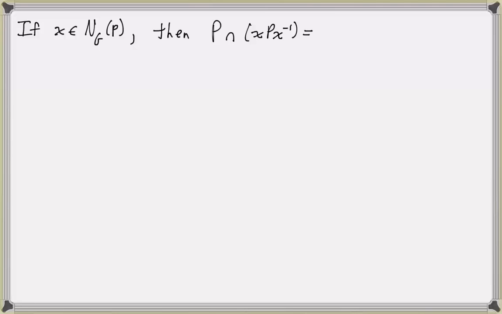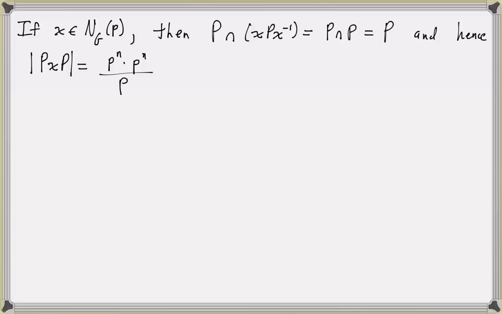So let's look at those two cases. If x is in the normalizer of P, again, that means that xPx inverse just equals P. Then in the denominator, the intersection of P and xPx inverse just equals the intersection of P with itself, which is just P. And hence the order of the double coset PxP would equal the order of P, which is p to the n, times the order of P, which is p to the n, divided by the order of P, which is p to the n, and this just simplifies to p to the n.